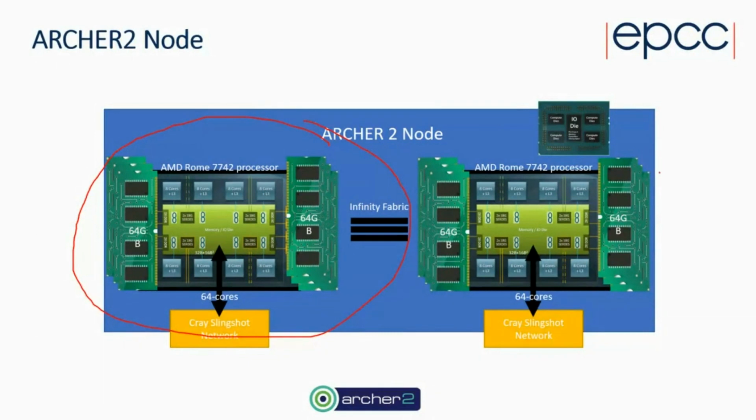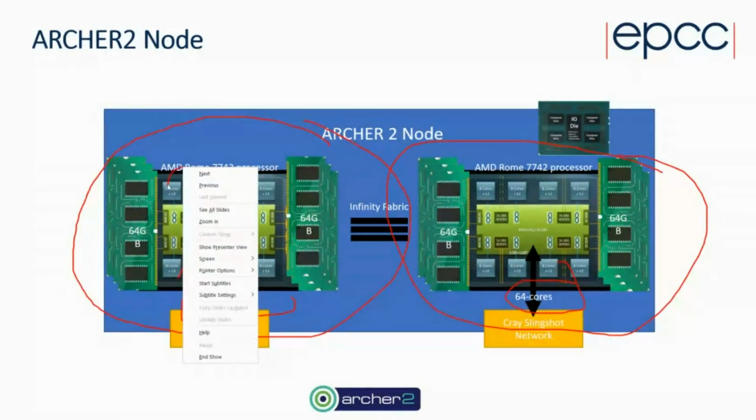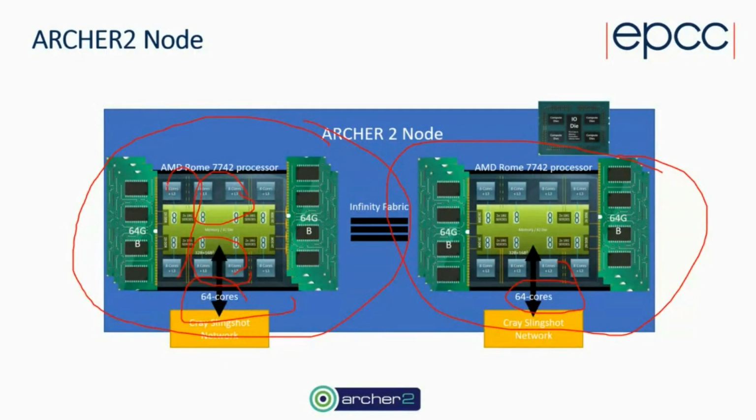This is a processor, and this is a processor. There's 64 cores here and 64 cores here. Now, inside each processor, there are actually these groups. That's one group there, that's another group there, that's another group there, and this is another group here. So there's 4 groups inside a processor.